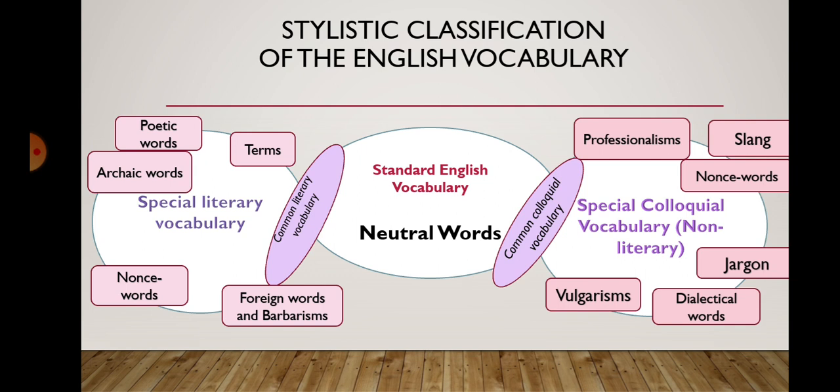In this lecture, we will continue discussing special literary vocabulary, but some other groups within this large layer. Such groups as barbarisms and foreign words, terms, and literary coinages, including nonce words.